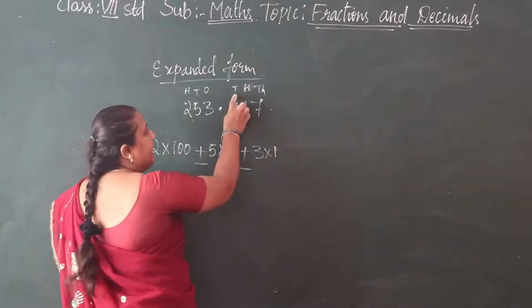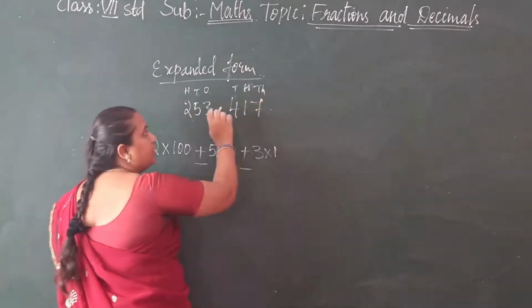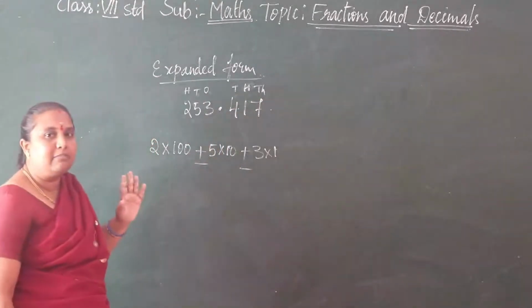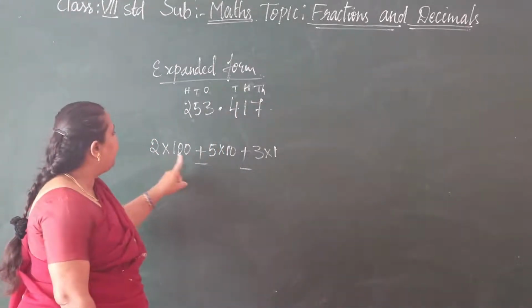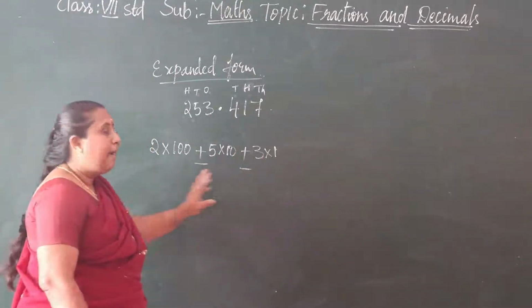There are no ones in the decimal place. So how do we write this in expanded form? First, 2 into 100 plus 5 into 10 plus 3 into 1 plus.